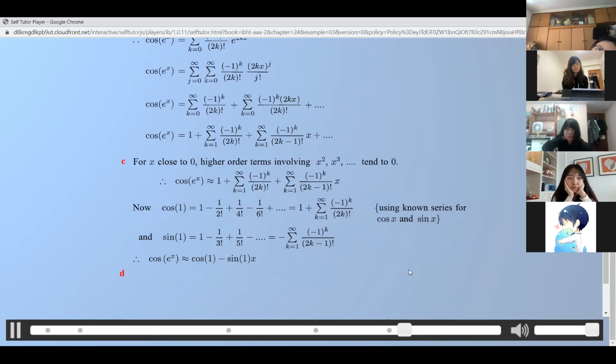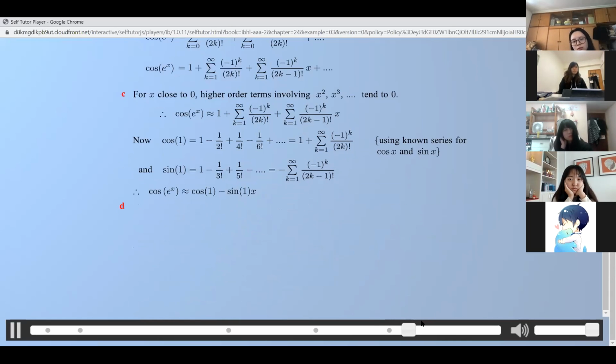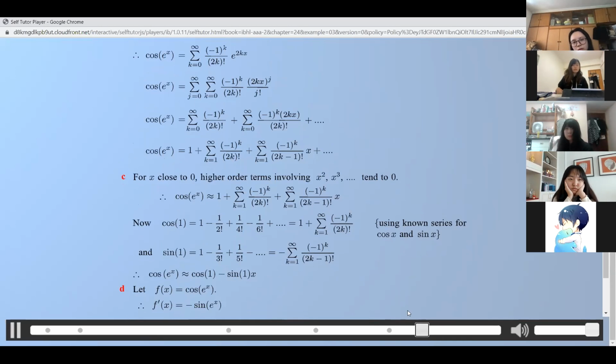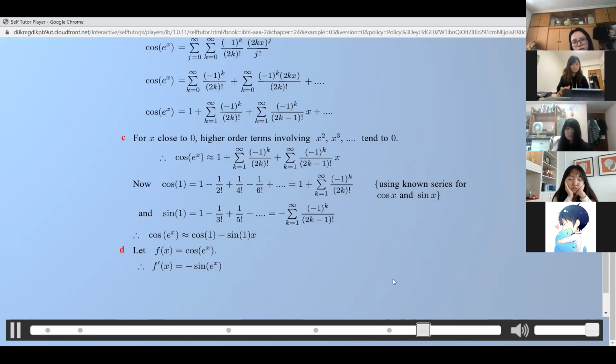To find the first derivative, we apply the chain rule. The derivative of cosine is minus sine, so we have minus sine e to the x, times the derivative of e to the x, which is itself. To find the second derivative, we need the product and chain rules. We start with the derivative of minus sine e to the x.